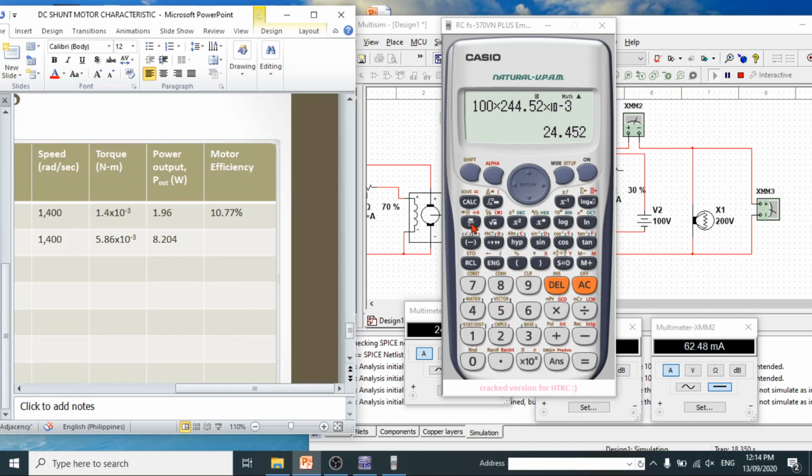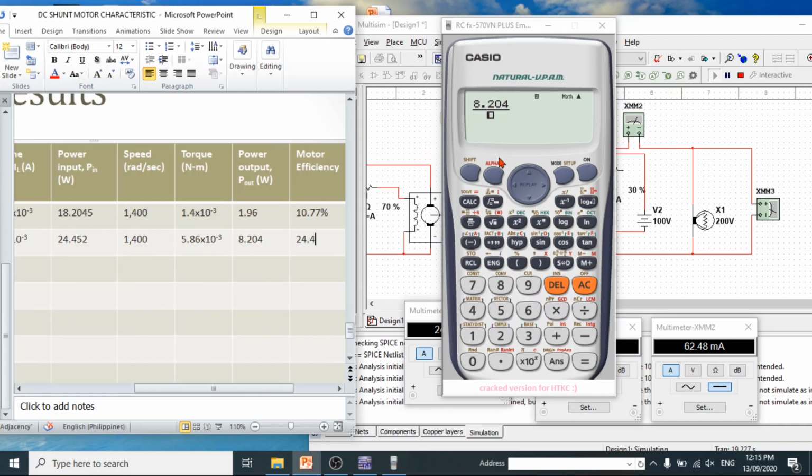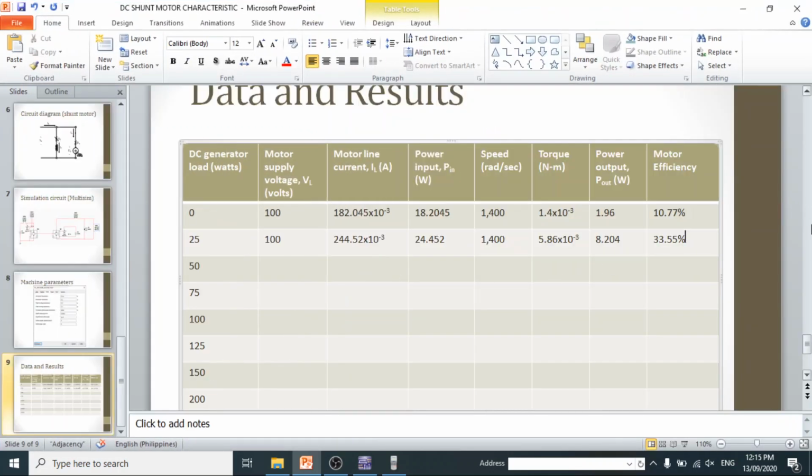That's 8.204 divided by 24.452, then multiply it with 100%. So you will have there 33.55%.